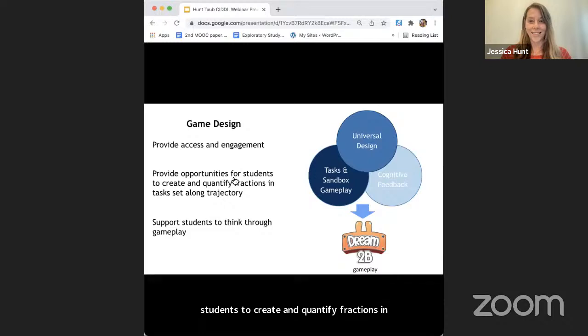So through the tasks and the sandbox play in the game, they engage in these challenges, which actually promotes their knowledge of fractions. And finally, it was also designed to support students to think through their gameplay. So that's what the use of what we're calling cognitive feedback is for.